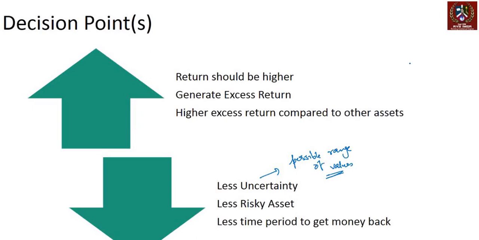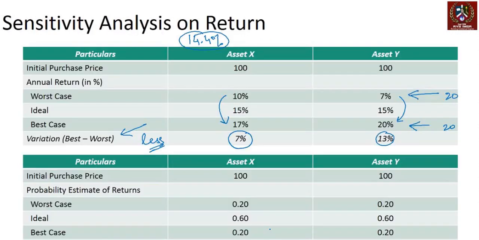So broadly speaking, what we have identified so far is that risk will go hand in hand with returns, and I want as less uncertainty as possible, as less risk as possible, and as early as I can get my money as possible. That's going to be the best possible outcome for me. That's the broad first understanding that we have. I don't want a big range of outcomes, all other things being equal, right?